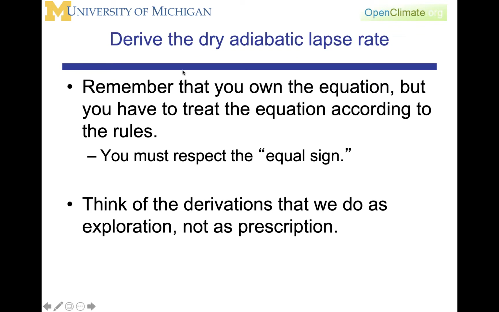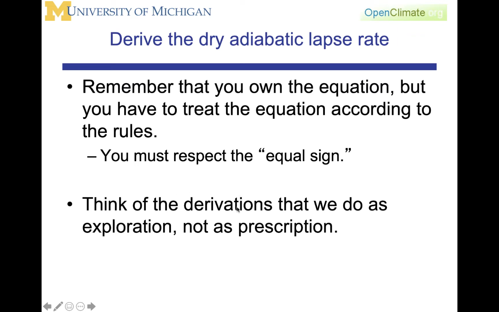What we want to do is to derive the dry adiabatic lapse rate. Again, I want to remind you that you own the equation. And if you own the equation, you do have to treat the equation according to a set of rules, but you can manipulate it however you want to. One of the rules that you must keep in mind is the equal sign, which means that if you do something to one side of the equation, you have to do it to the other side to maintain that equality.